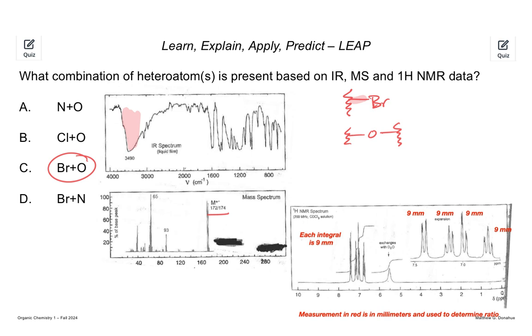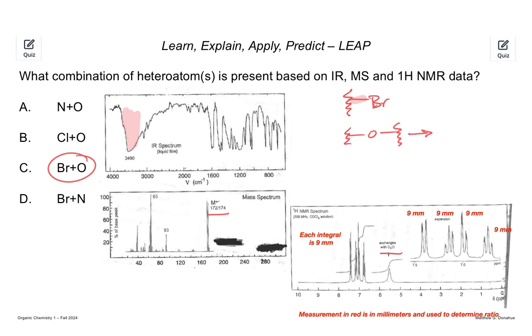The other thing in the proton NMR, it says exchanges with D2O. And as I mentioned last time, those are typically hydrogens bonded to a heteroatom. So if we know that there's oxygen, that's telling us there's a hydrogen associated, so it's an OH.